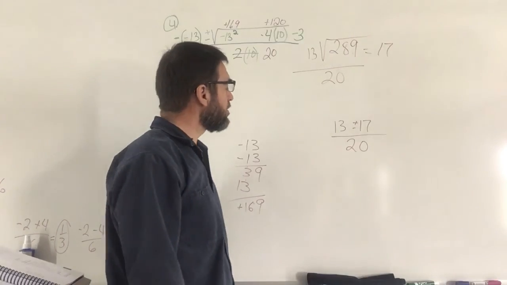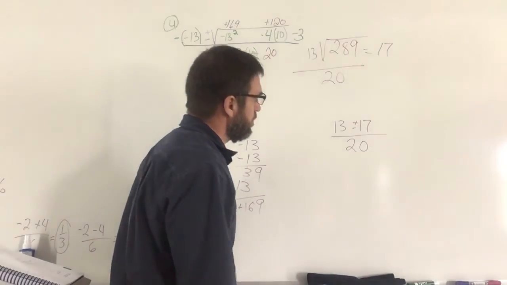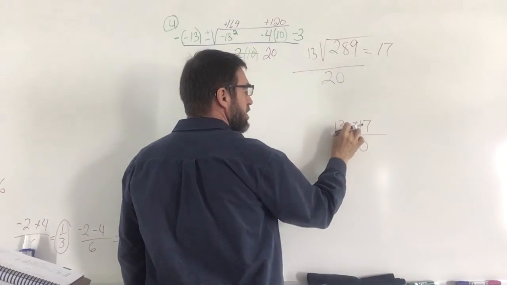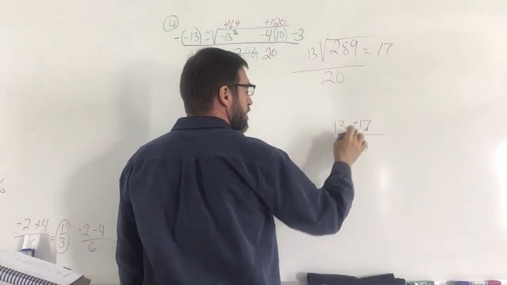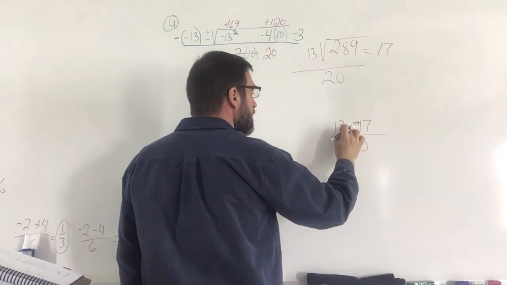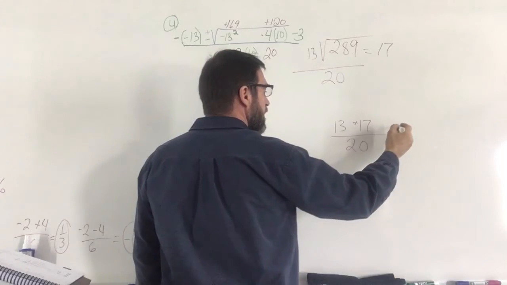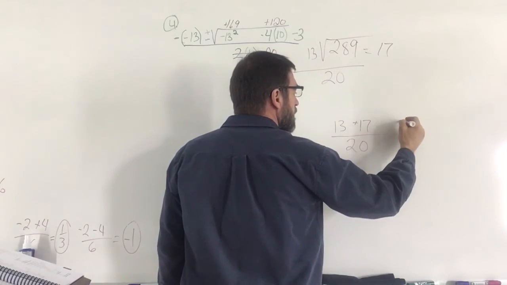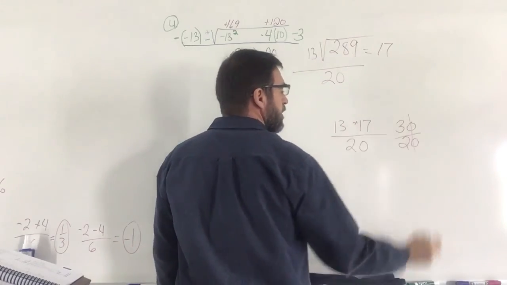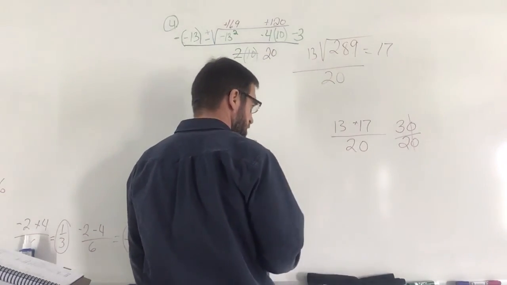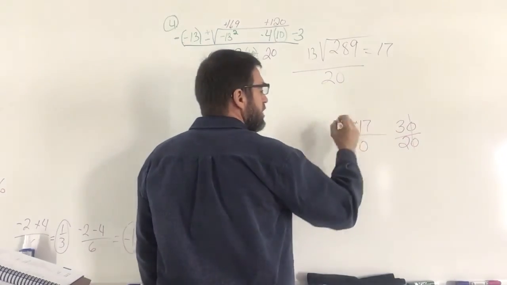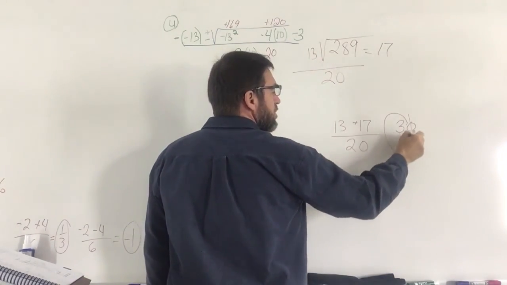I think we're getting this narrowed down. Now I've got positive 13 and positive 17. So that's going to make me 30 over 20. And so I can cancel that out, 3 over 2. Or yeah, you can put 1.5. This is one of my answers.